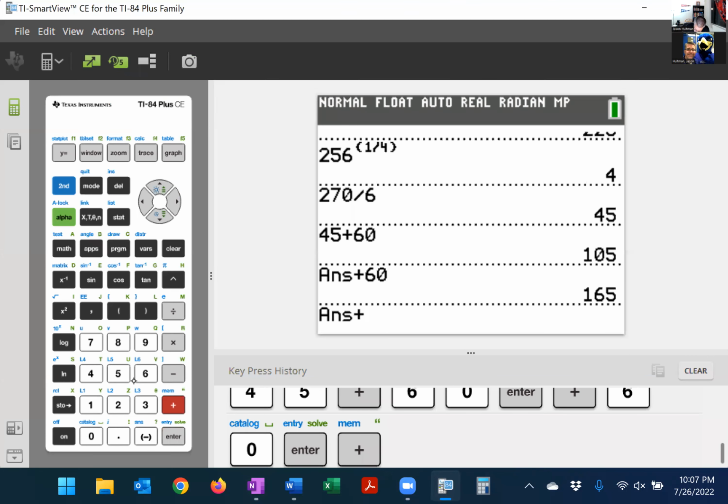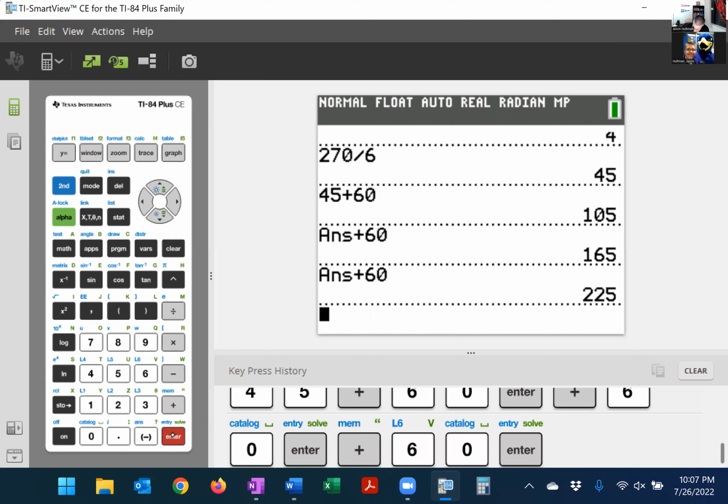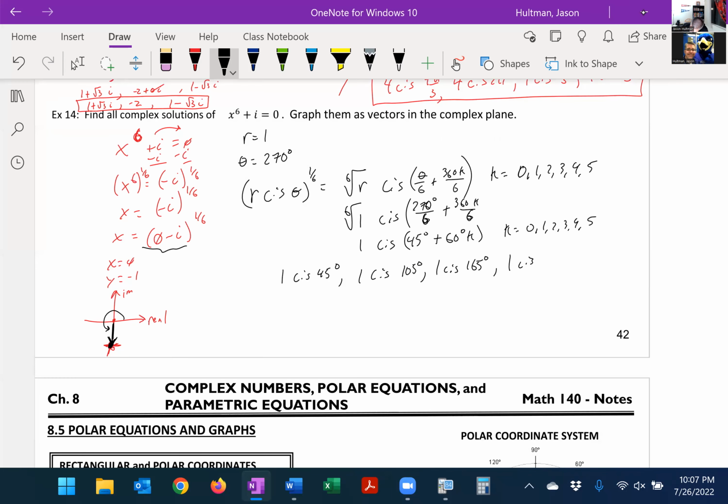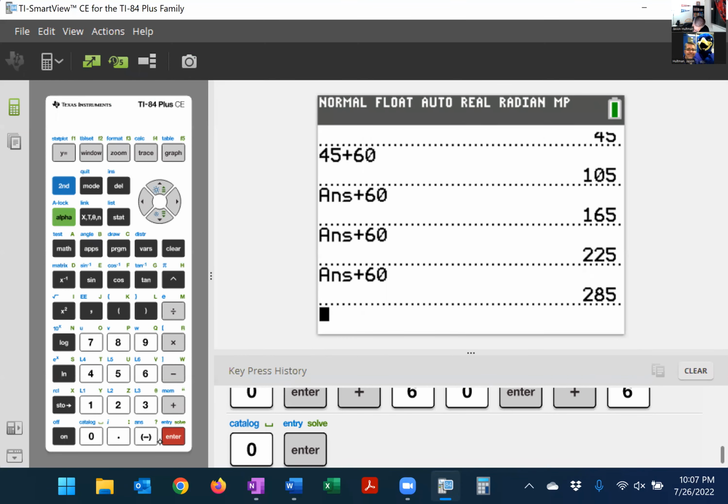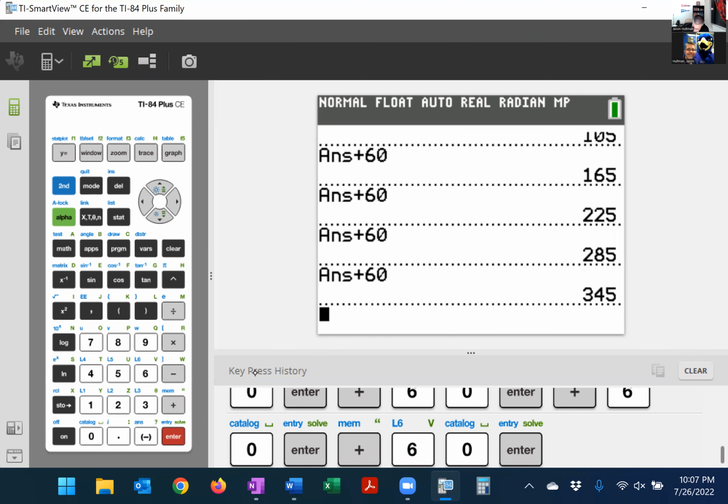Add 60 again, I get 225. Then 1 cis, add 60 again, plus 60 is 285, plus 60 is 345.